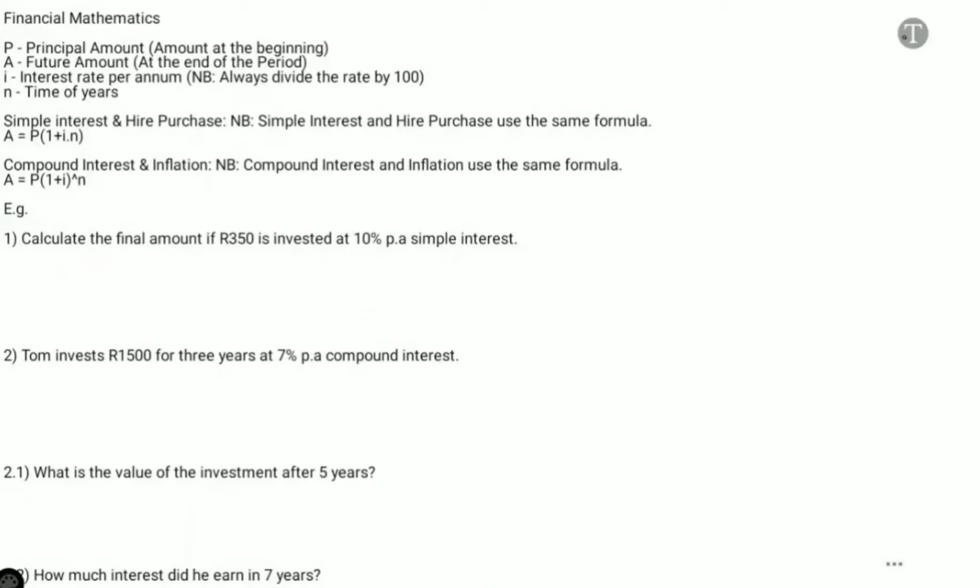Example number 1 says: calculate the final amount if 350 is invested at 10% per annum simple interest. Let me get my calculator ready, get yours ready as well, and I'm going to explain how to do that.